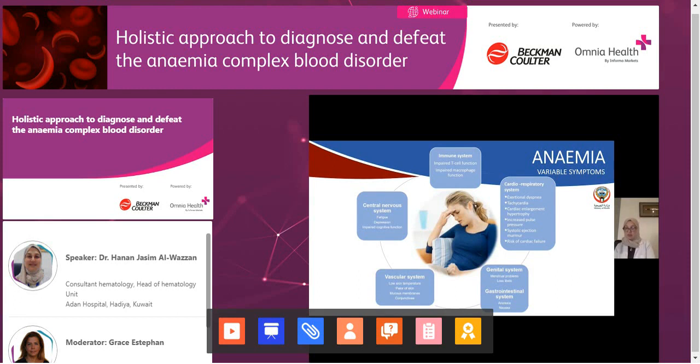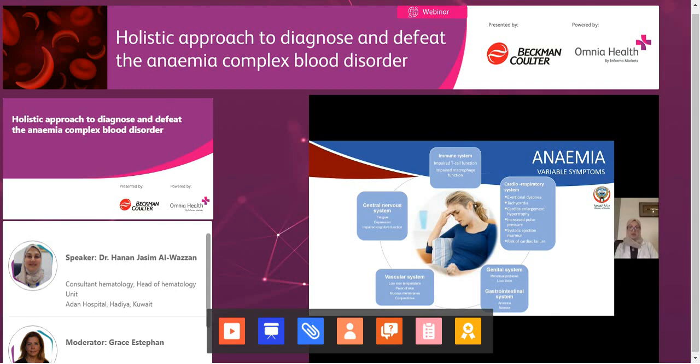Why is anemia important? Because people with anemia present with a large variety of symptoms, and many symptoms are shared with other diseases. In addition, the underlying diseases can also cause similar symptoms, so it is difficult to diagnose the patient from symptoms. They can have cardiovascular symptoms like dyspnea, palpitation, systolic murmur.